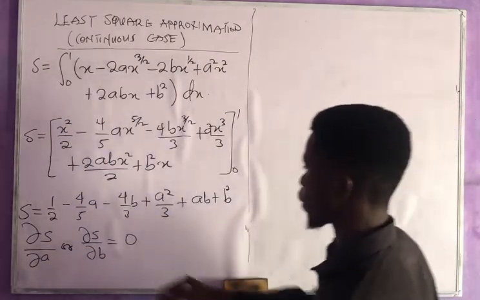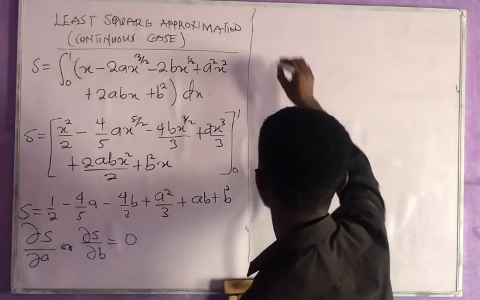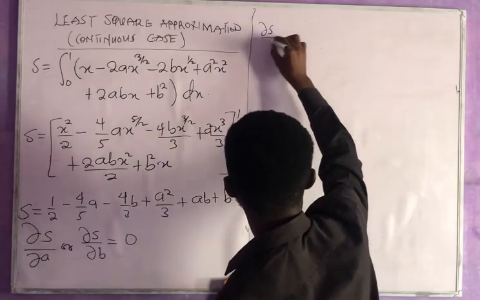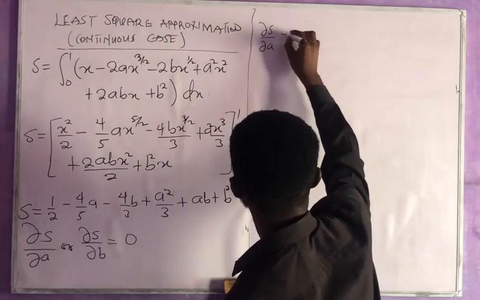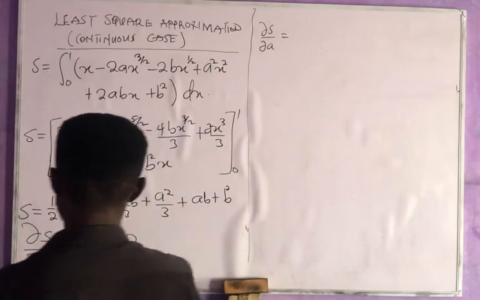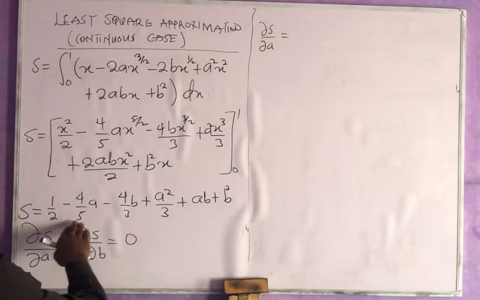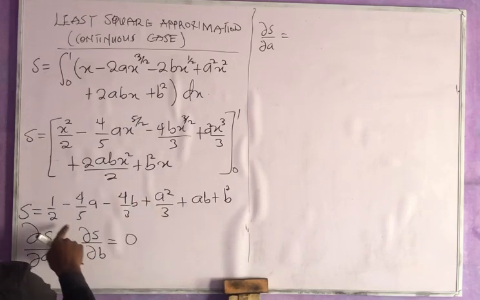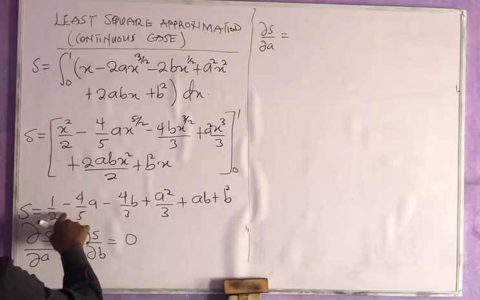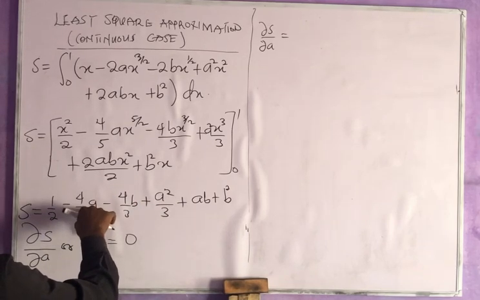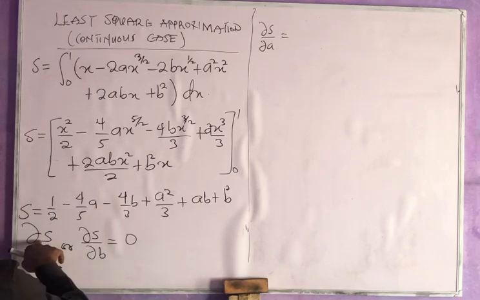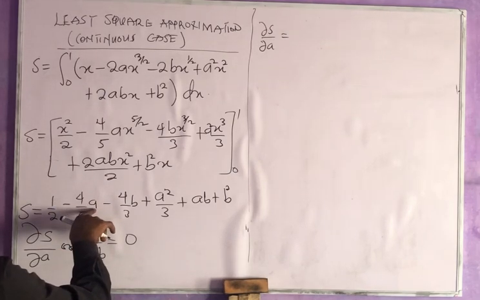So looking at this, now let me take the partial derivative with respect to a. So delta s delta a will be, if I differentiate half, I'll get 0 because it's constant. In fact, everything will be constant except a. So this one will give me 0. This is a, so if I differentiate with respect to a, I'll get 1.